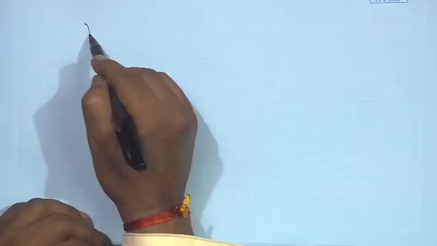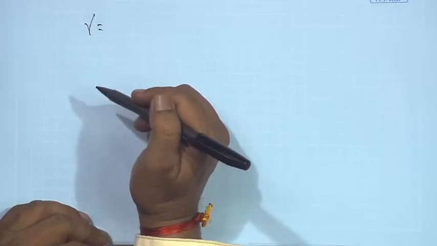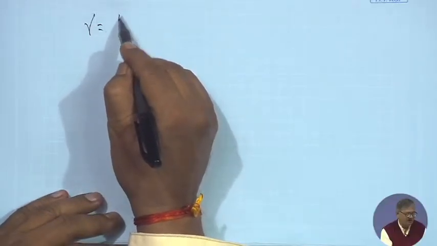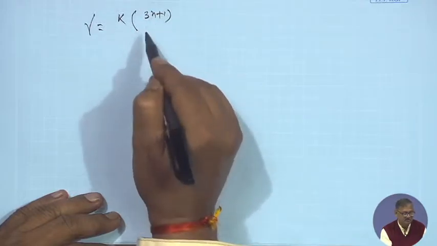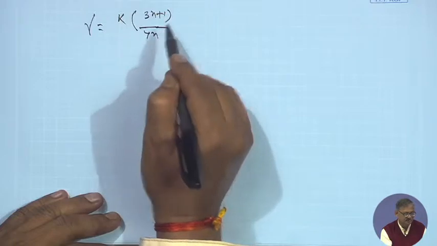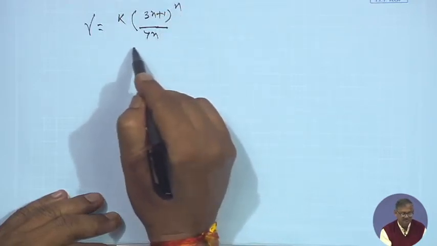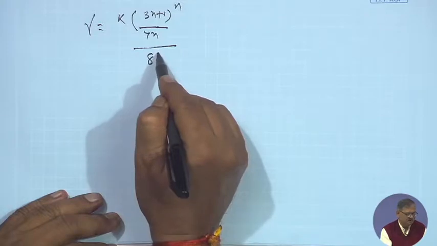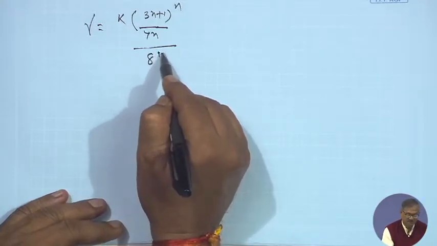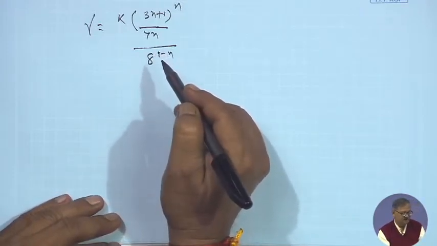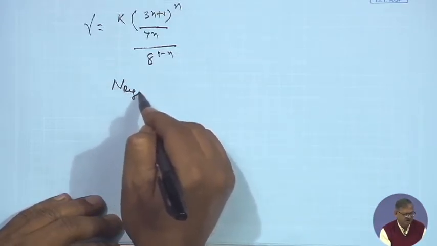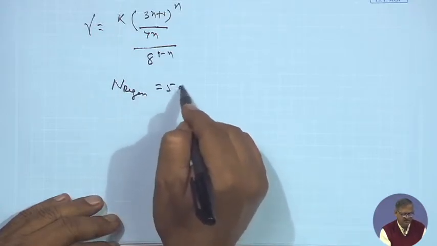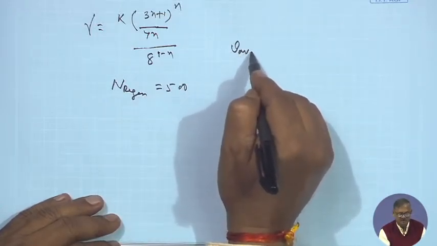We give some hints: the generalized coefficient of viscosity, gamma, we write to be K times (3n plus 1) over 4n to the power n, divided by 8 to the power 1 minus n. If we see that, and if we use N_Re general, given as 500, find out the average velocity.